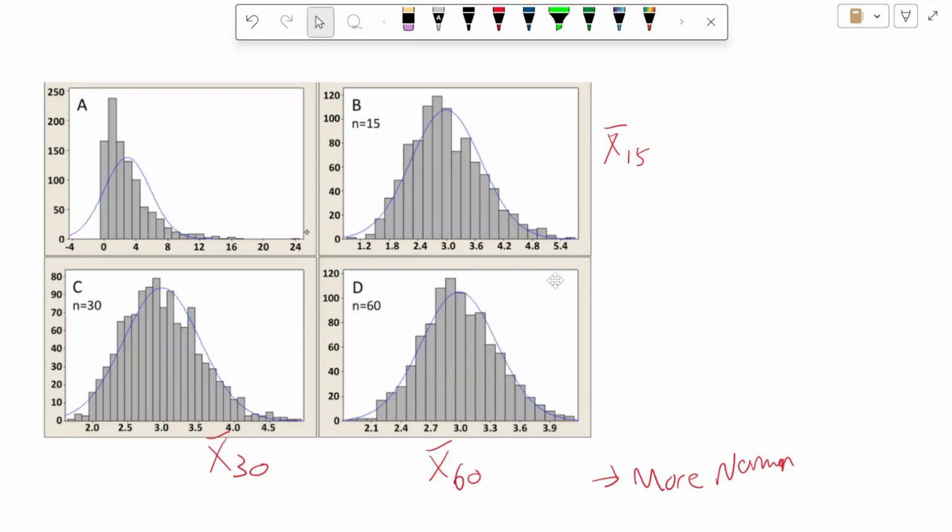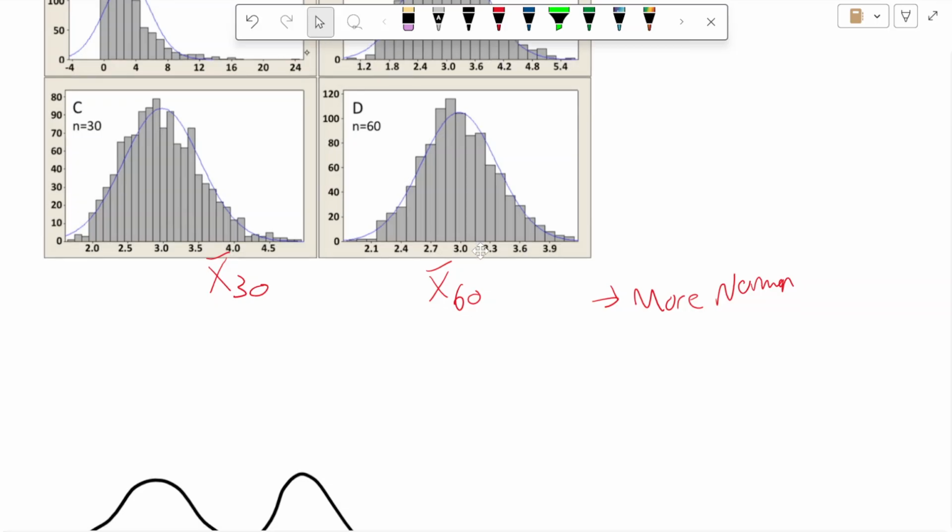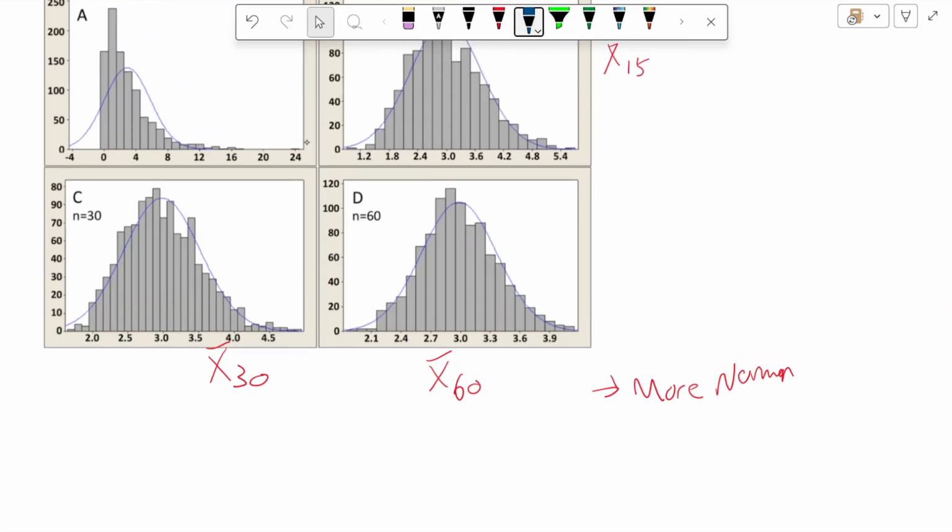And the reason that I know this is X bar and not S bar is because it's staying around the same amount, so around 3.0. It's just getting less and less spread out.